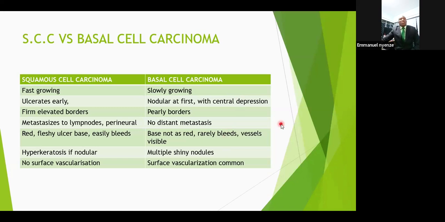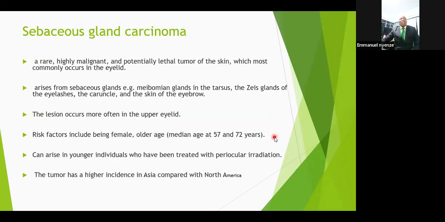Remember, basal cell carcinoma tends to be shiny. Usually we don't get a lot of surface vascularization in squamous cell compared to basal cell carcinoma, which usually has surface vascularization. So those are the differences between the two, although in some cases, especially large ones, the difference is not clear cut.